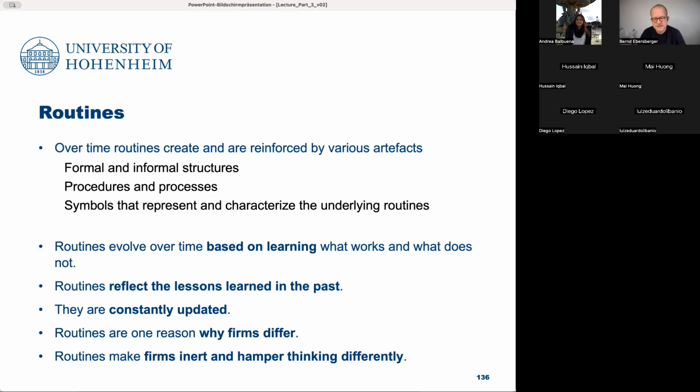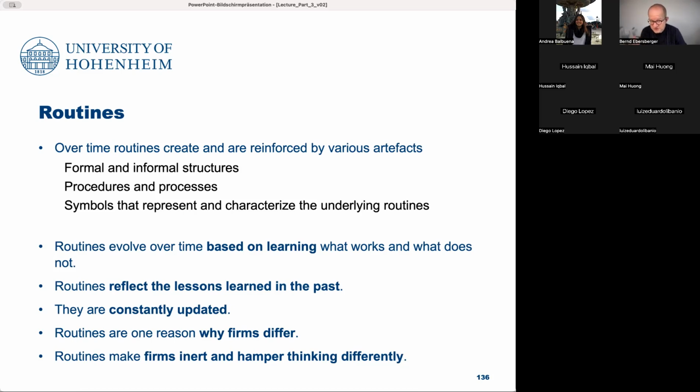And of course, there are symbols that represent and characterize the underlying routines in the organization. So sometimes it has also to do with the culture of the organizations.